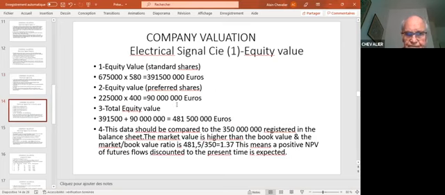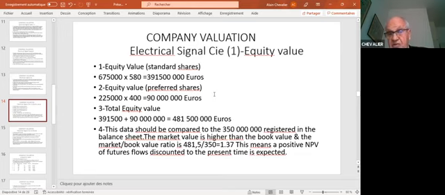14. Let's start with a few calculations right now. What is the equity value for the ordinary or standard shares? Here we know that we have 675,000 shares, and the market value is 580, and you find the result here, 391,500,000 euros.